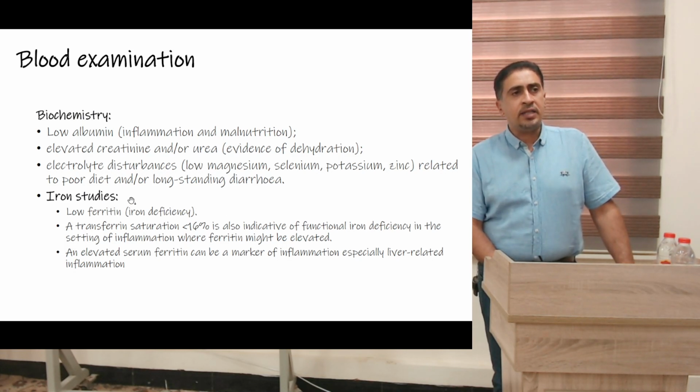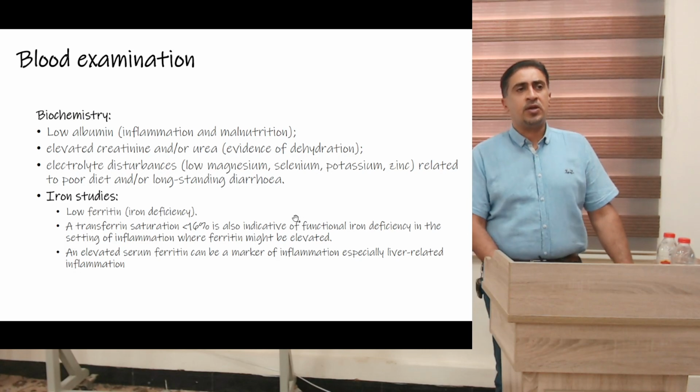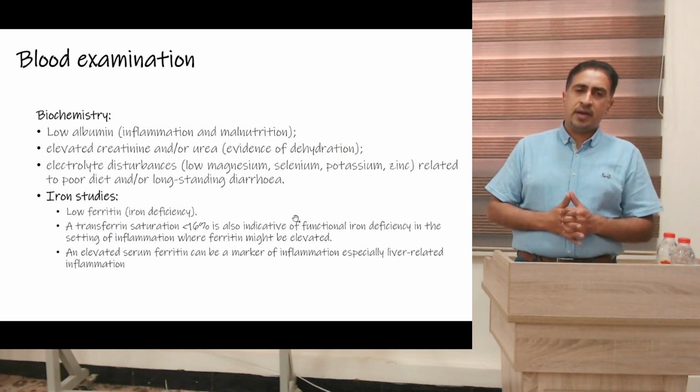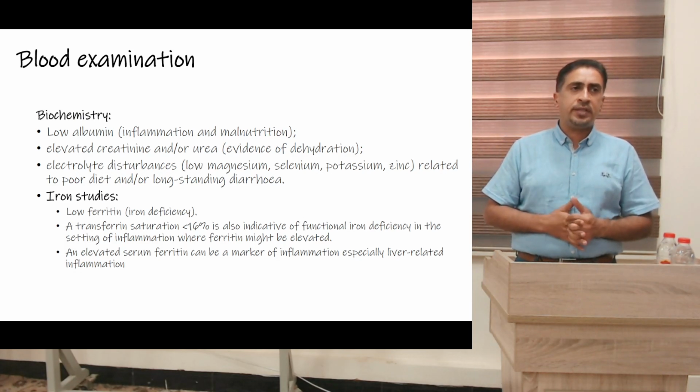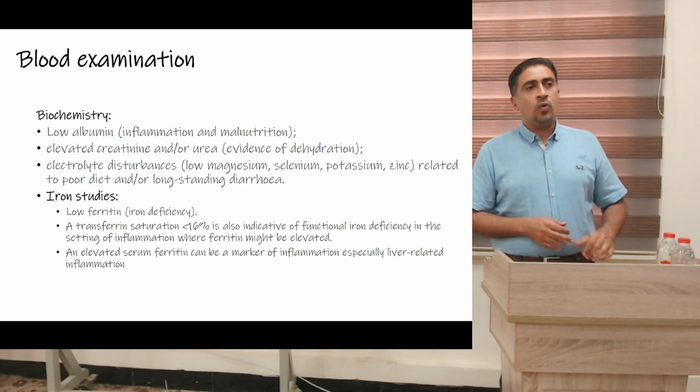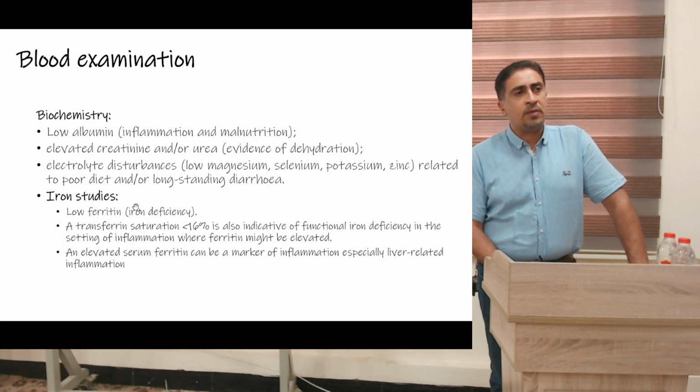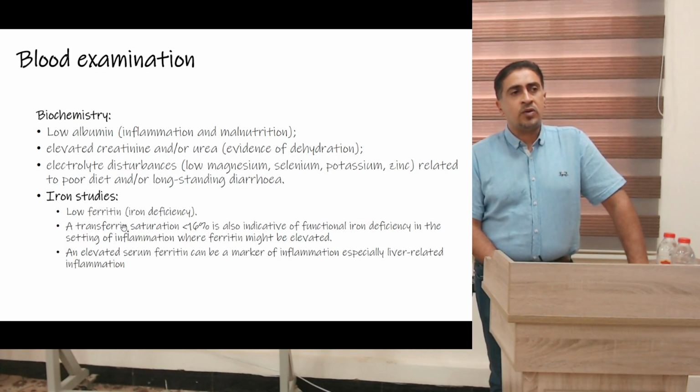So iron studies are very important in patients with inflammatory bowel disease, because a low ferritin means iron deficiency. Sometimes we get a normal or high ferritin, because as you know, ferritin is one of the inflammatory markers, so we need to do the transferrin saturation.